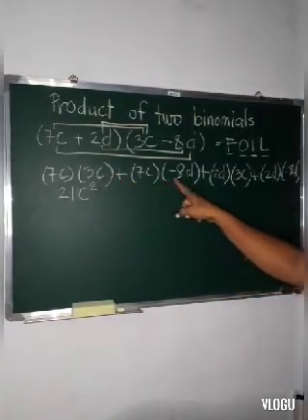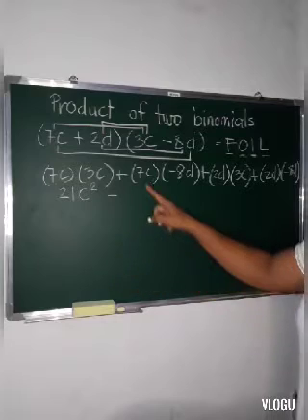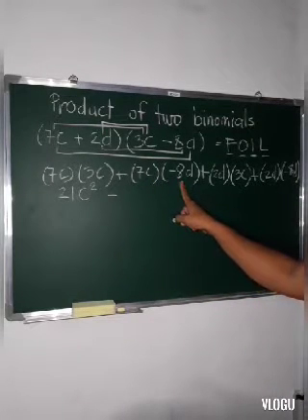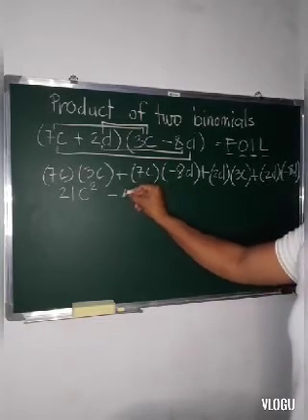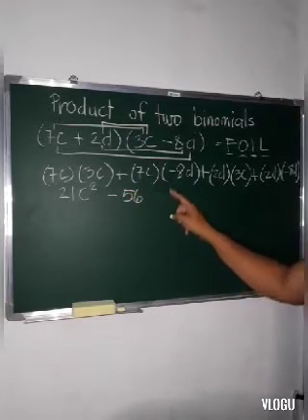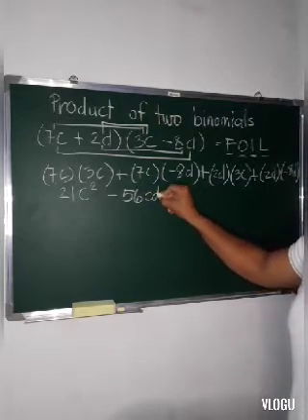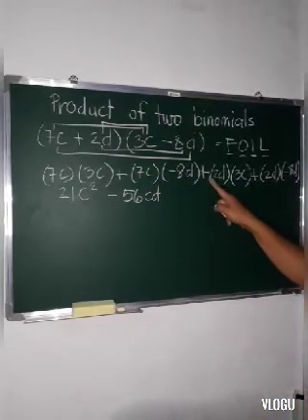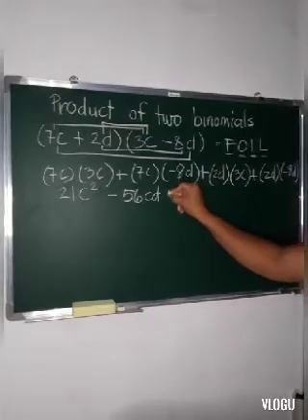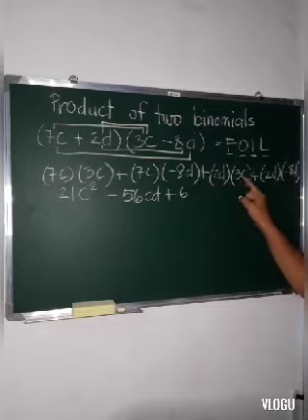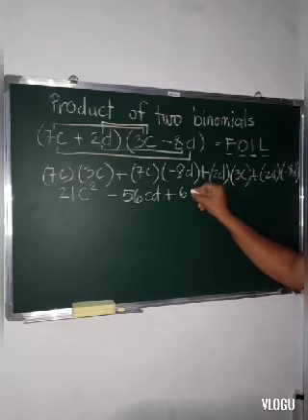Next, positive times negative, we have negative. 7 times 8, we have 56. And then C times D, CD. Next, positive times positive is positive. 2 times 3, we have 6. D times C, of course, CD.